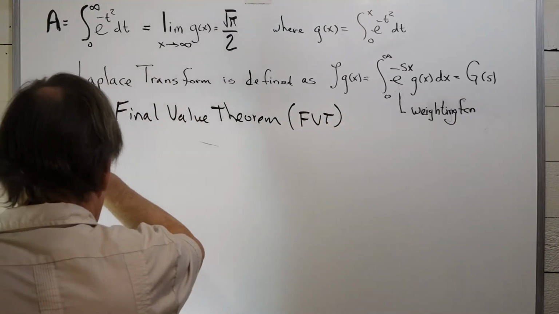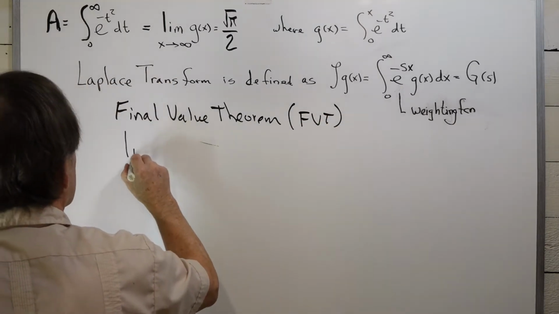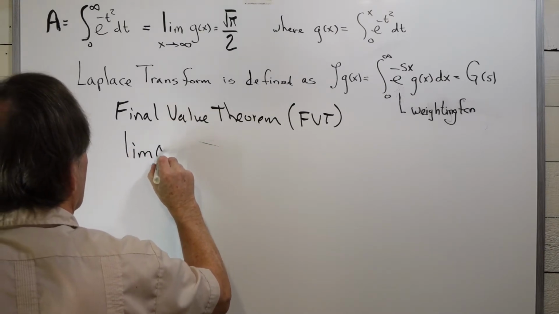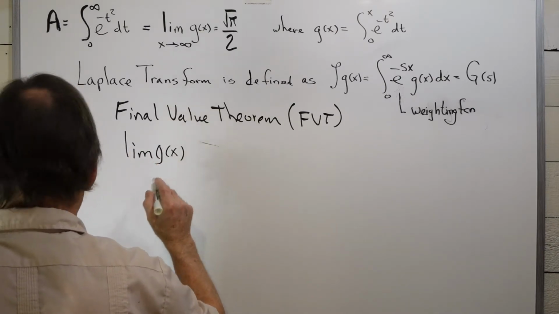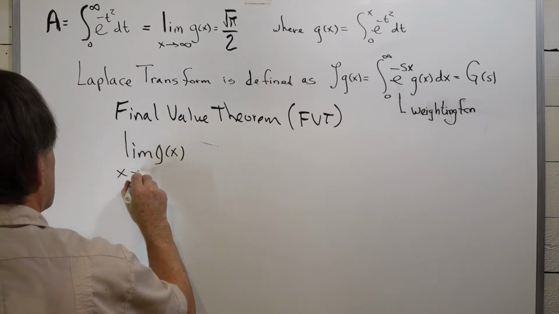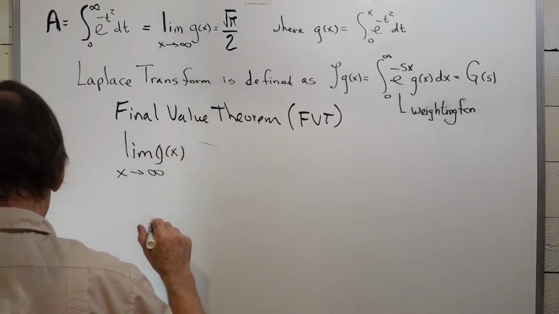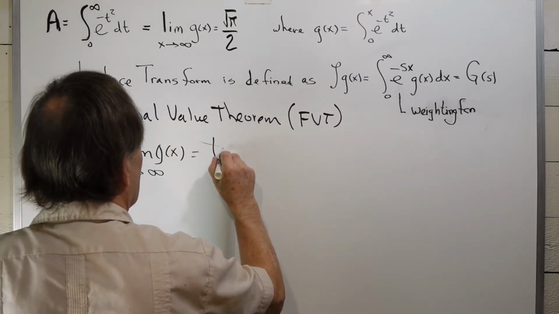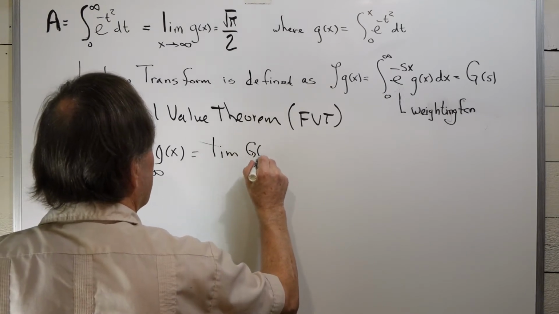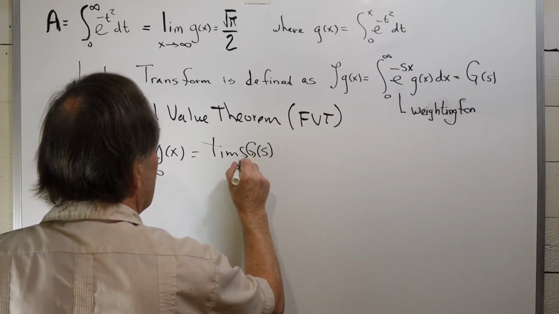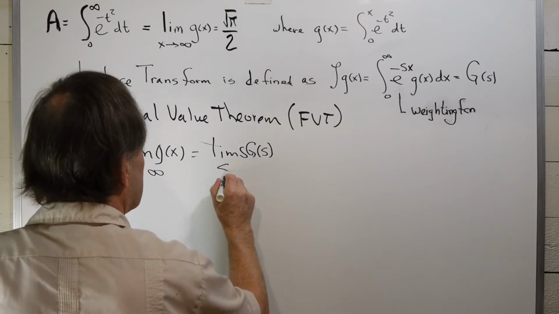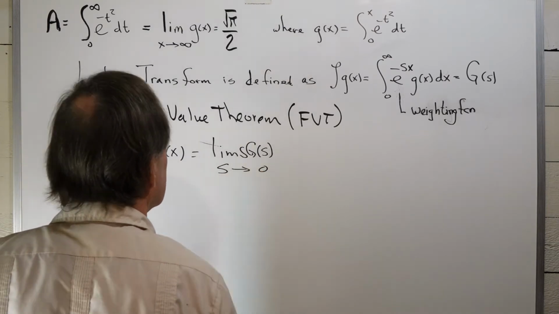And the Final Value Theorem tells us that the limit of g of x as x goes to infinity is the limit of cap G of s times s as s goes to 0.